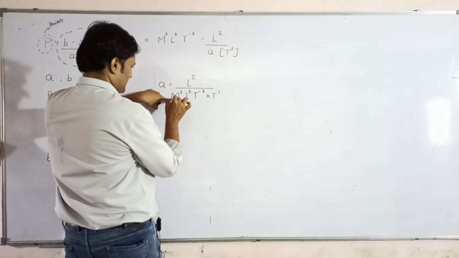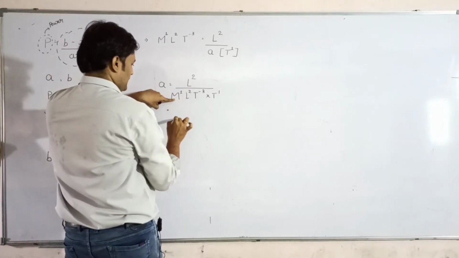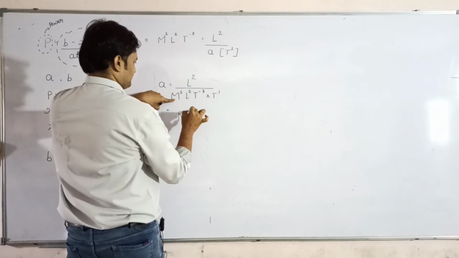M1 is coming from the denominator to the numerator, it is M minus 1.